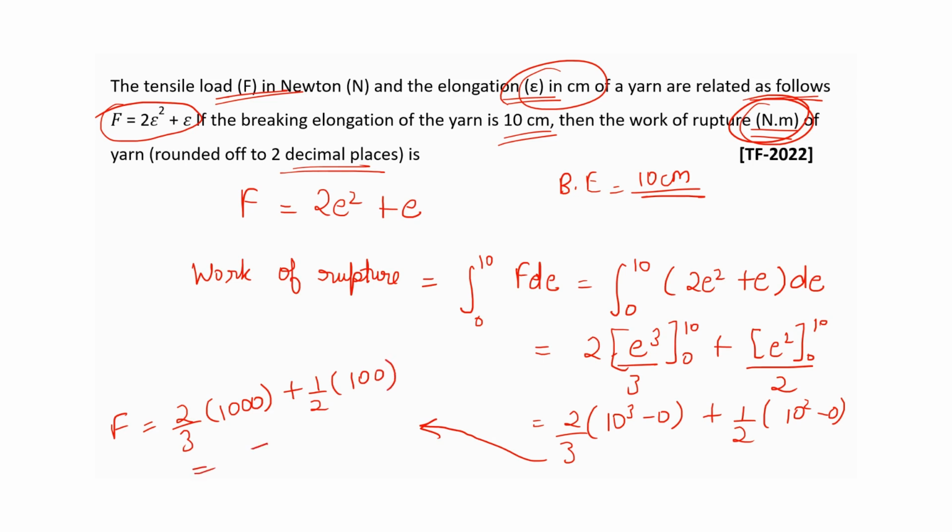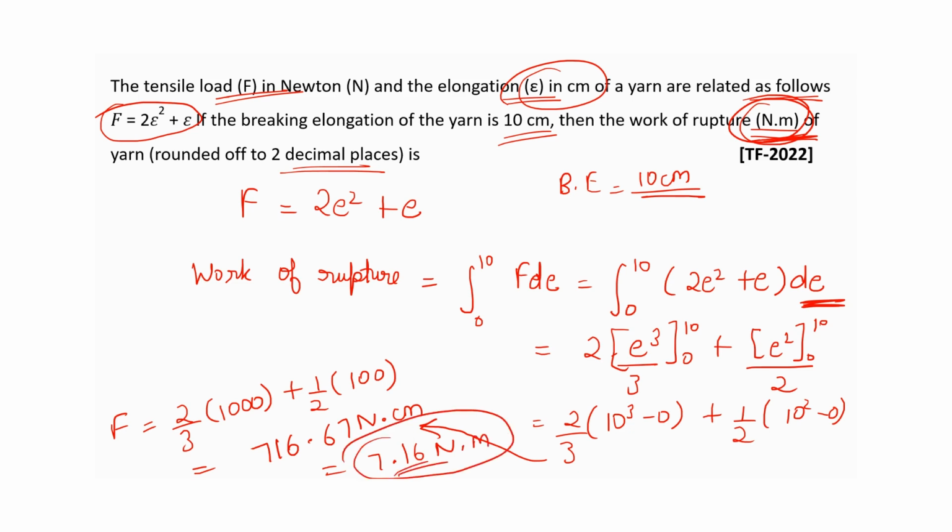On solving this, it will come out to be 716.67 Newton centimeter, since dE is given in centimeter and the answer is asked in Newton meter. So in Newton meter, also divide by 100, and it will come out to be 7.16 Newton meter.